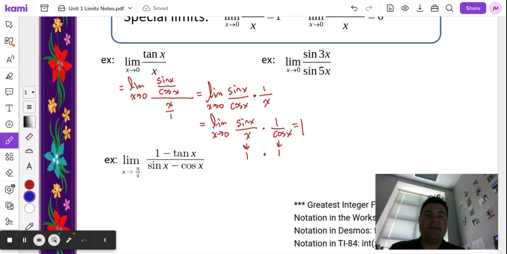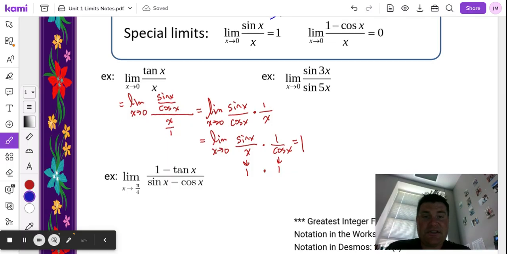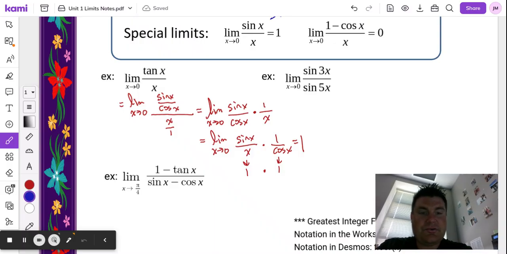So now I have the limit as x approaches 0 of sine 3x all over sine 5x. Now I'm going to need to manipulate this so that I have a 3x in the denominator and a 5x in the numerator. So I'm actually going to multiply this. I have a 3x on the bottom.